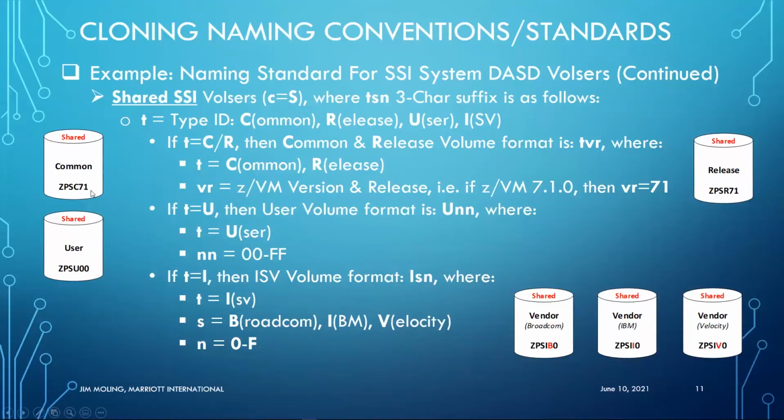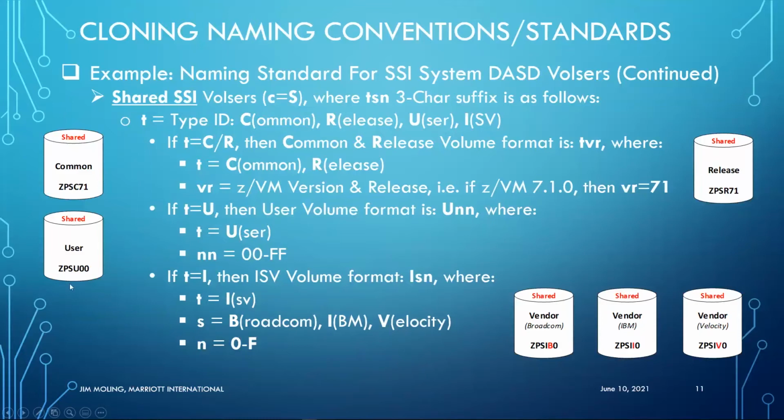So in the case of the common and release, just looking at those volsers, you know that, oh, that's for VM 7.1. So you can look at the volsers of a collection of DASD volumes, and you can tell a lot by just looking at that, the way the naming convention works out.